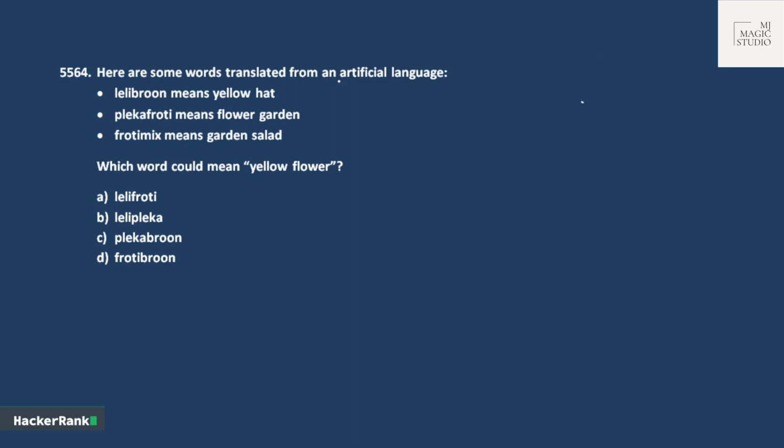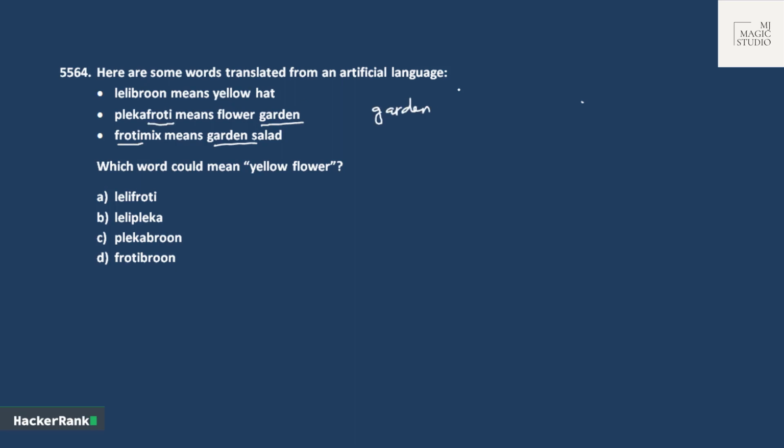Here are some words translated from an artificial language. Lelybrun means yellow hat. Pleka fruity means flower garden. And fruity mix means garden salad. So here we have this common word garden, and here this common word fruity.